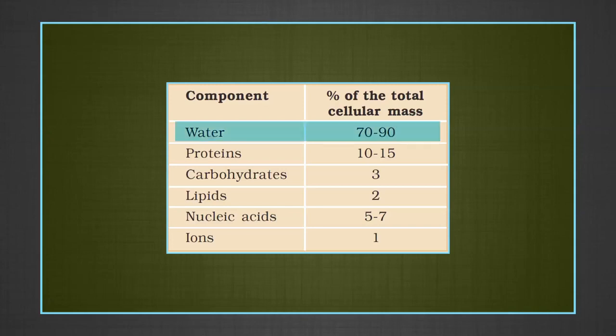Water is around 70 to 90% of total cellular mass, whereas proteins are 10 to 15%, carbohydrates 3%, lipids 2%, nucleic acids 5 to 7%, and ions 1%. So, you can say that water is in large quantity.